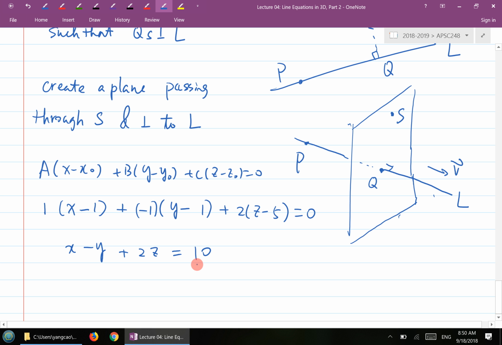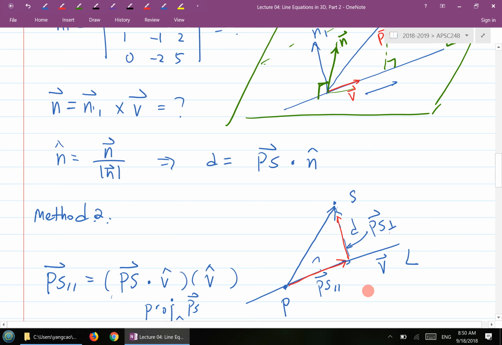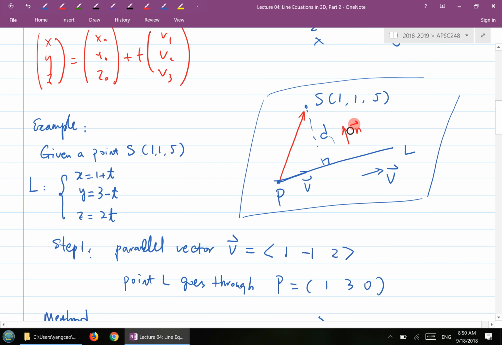And then the next question: how do I obtain the intersection between the line L and the plane? I have my line L, right? This is given here. How do I get the intersection between this line L and the plane? What will be the approach?